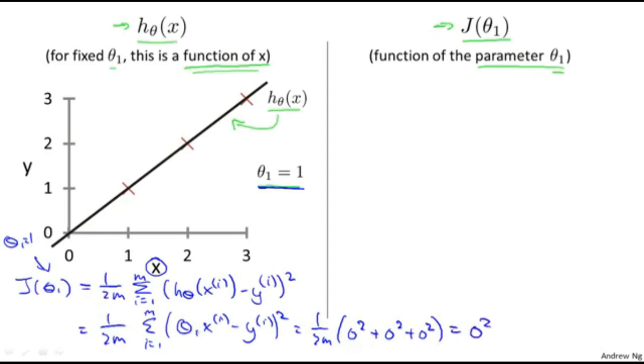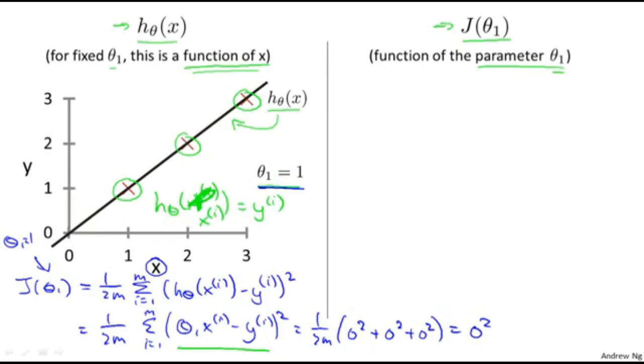Now, inside the cost function, each of these terms is equal to 0 because, for the specific training set I have, where my 3 training examples are at (1, 1), (2, 2), (3, 3), if theta 1 is equal to 1, then h of x_i is equal to y_i exactly.